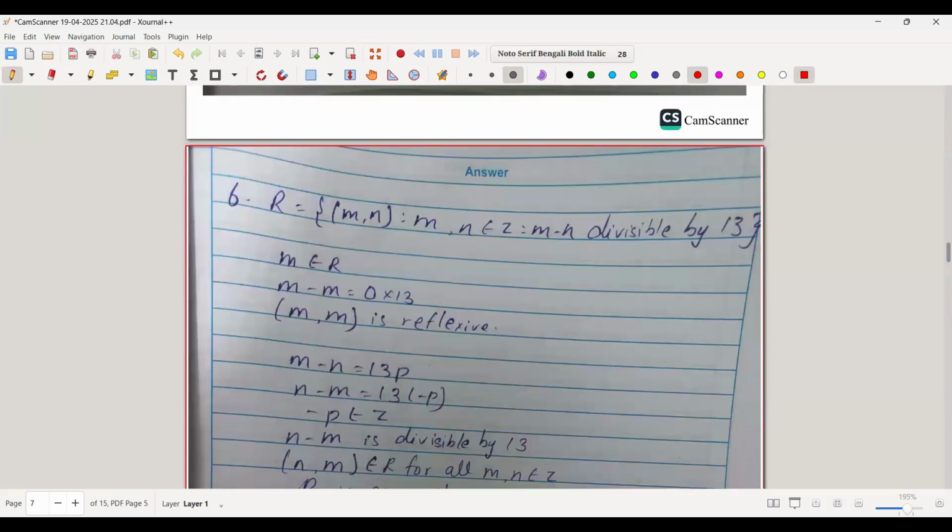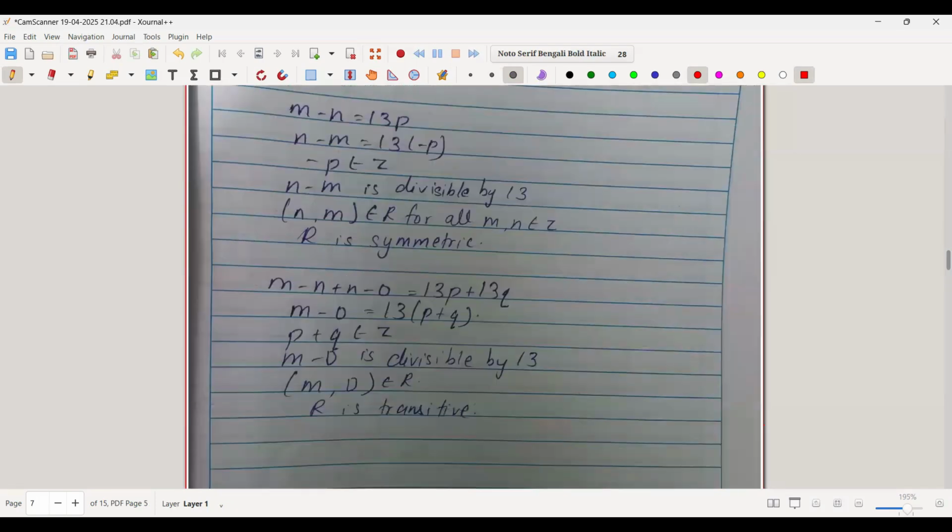Divisible by 13, 0 into 13. Okay, write it here: as p belongs to Z, minus p belongs to Z, that implies n minus m is divisible by 13, n comma m belongs to R for all m, n belongs to Z. R is symmetric.